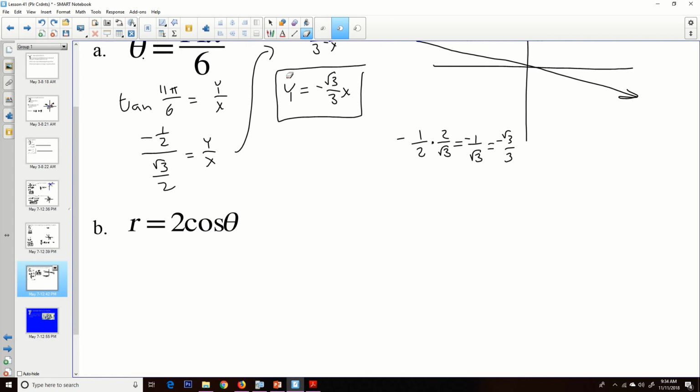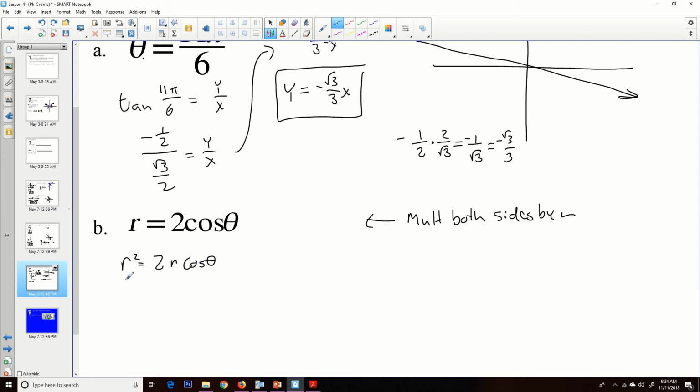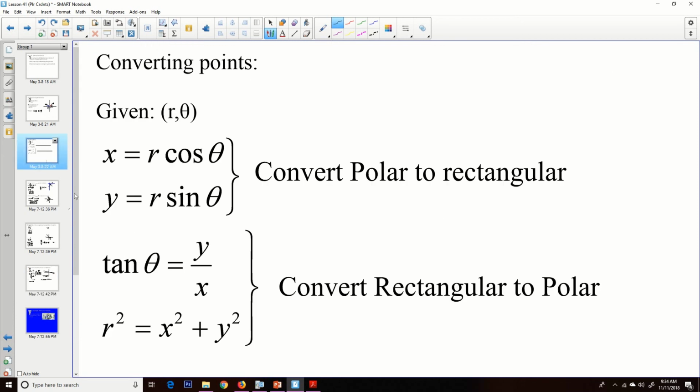So in this particular instance, I am going to multiply both sides by r. And so I'll get r squared equals 2r cosine theta. Now, why did I do that? I did that so that I could change r squared into x squared plus y squared, and I can change r cosine theta into just x. And so I was trying to manipulate that equation in a way that will allow me to make that conversion.